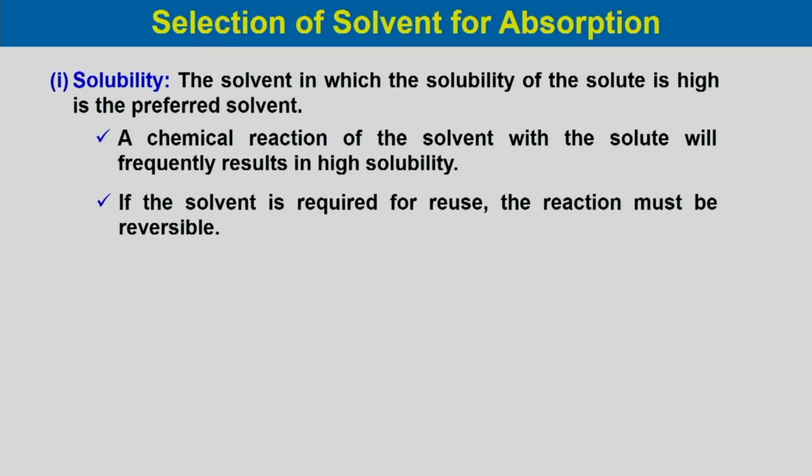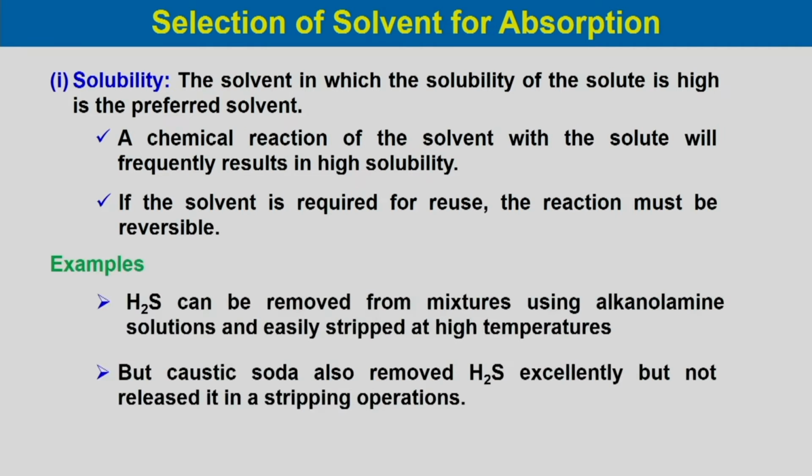If the solvent is required to be reused, the reaction must be reversible. For example, hydrogen sulphide, H2S, can be removed from the mixture using alkanolamine solution and easily stripped at high temperature. Similarly, if hydrogen sulphide or carbon dioxide reacts with alkanolamine, the reaction happens through the formation of carbamate and finally bicarbonate ions, and the reaction is reversible in nature.